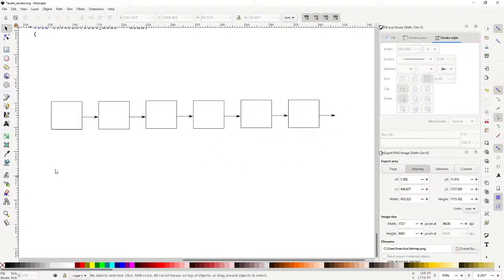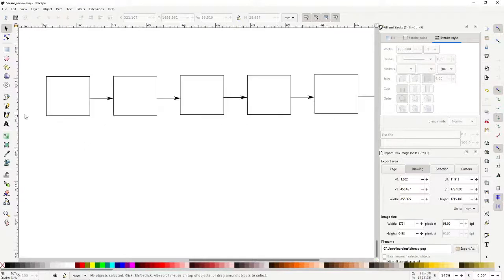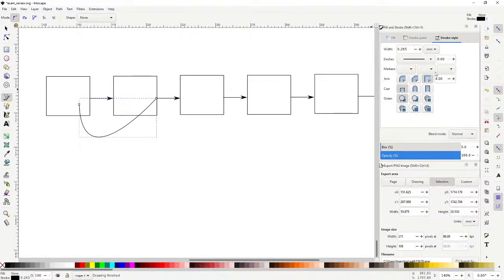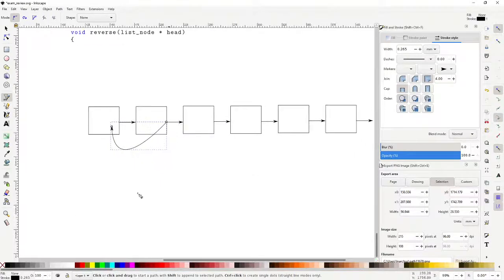Basically, what you're going to have to do is get this next to actually point back here. So how are we going to do that? How do we get a linked list to reverse?